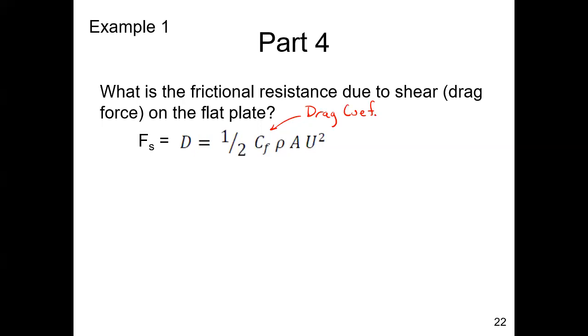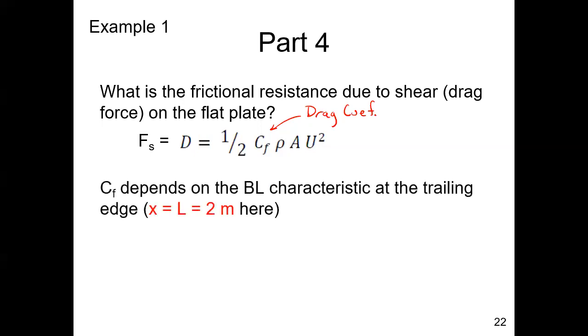This is where the two sides come in. When you're integrating the shear to get the drag force, you have to integrate it over the entire surface area. This is the only place where two sides comes in. Times the velocity squared. So C_F from page 6, and we're going to see page 6 on the next slide, depends on the boundary layer characteristics you have.